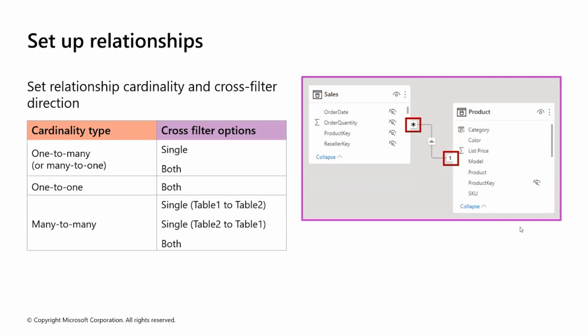The one side means the column contains unique values. The many side means the column can contain duplicate values. The four options together with their shorthand notation are described here. First is one to many, which is represented by one and star. Then we have many to one.